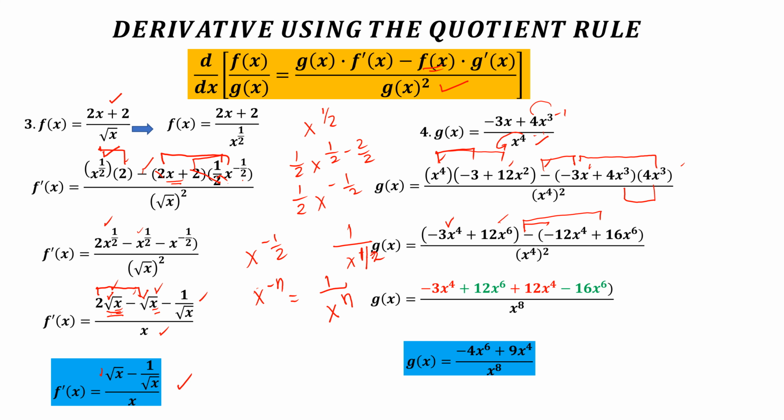So therefore, we can now combine similar terms. The 12x to the 6 and the 16x to the 6 will give you a negative 4x to the 6, while the negative 3x to the 4 and the positive 12x to the 4 are similar terms. Thus, we can now combine them. So 12 minus 3 will give you positive 9x to the 4 over x to the power of 8.